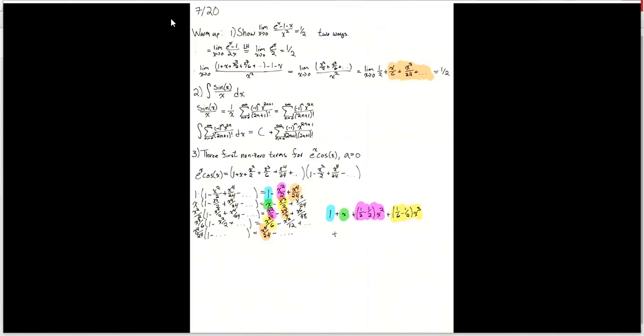So we only have those 3 x to the fourths. So this is 1/24 plus 1/24 and minus 1/4 x to the fourth, and so on. So it has some extra terms, but we don't really need to worry about those.